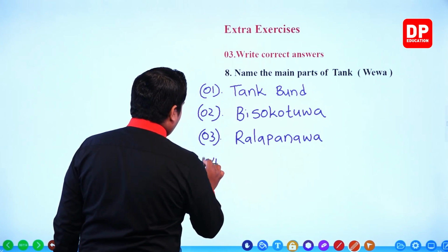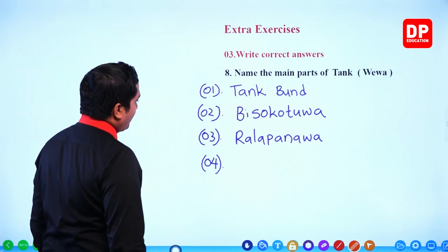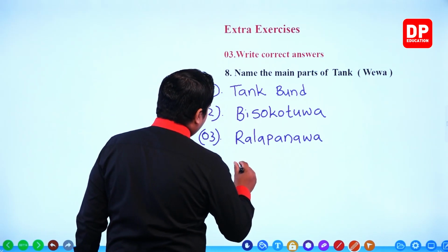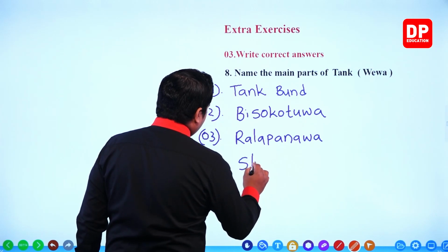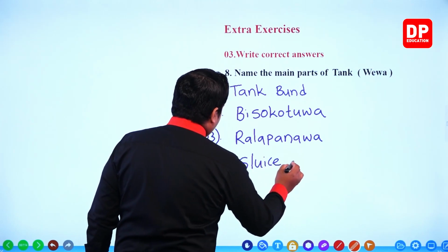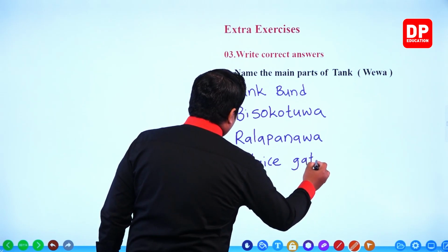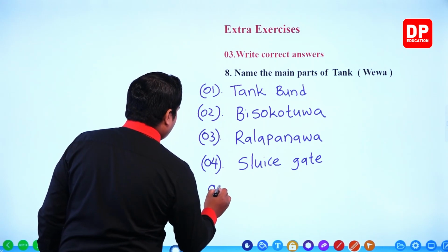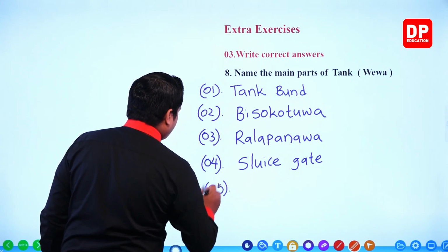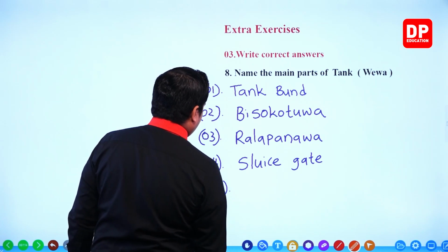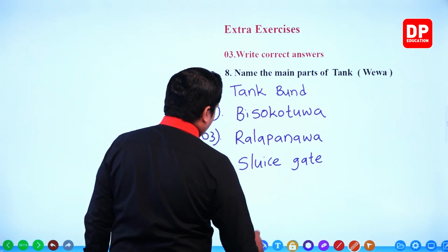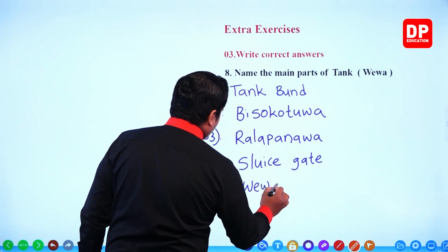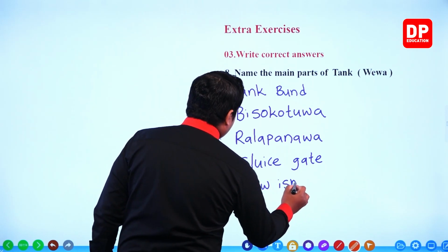Number 4, sluice gate. Number 5, Wev Ismatta.